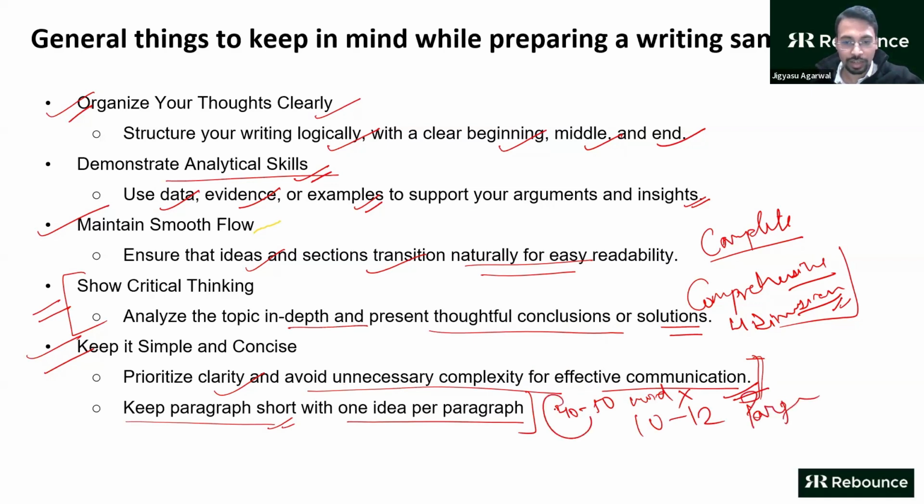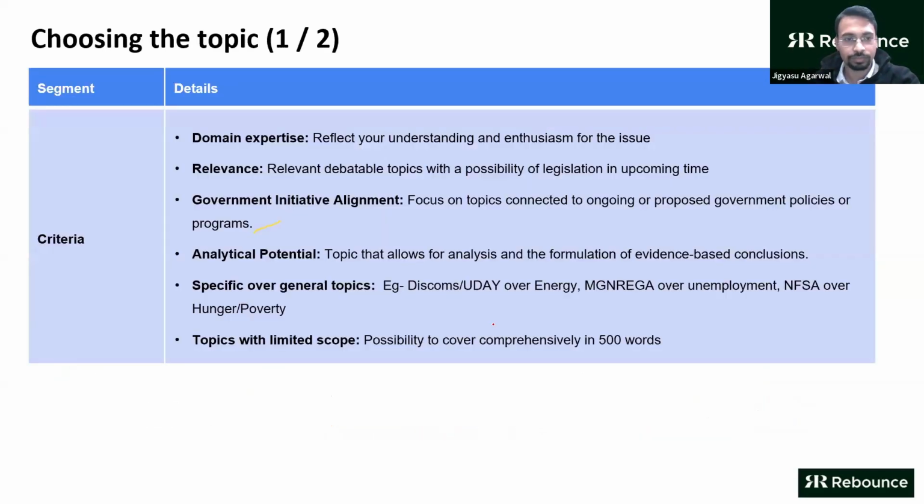Okay, and one idea per paragraph. That is very important. Do not just put in a lot of stuff so that it itself is not making any sense. That does not help. Keep it simple. One idea per paragraph. There should be a smooth flow in your writing.